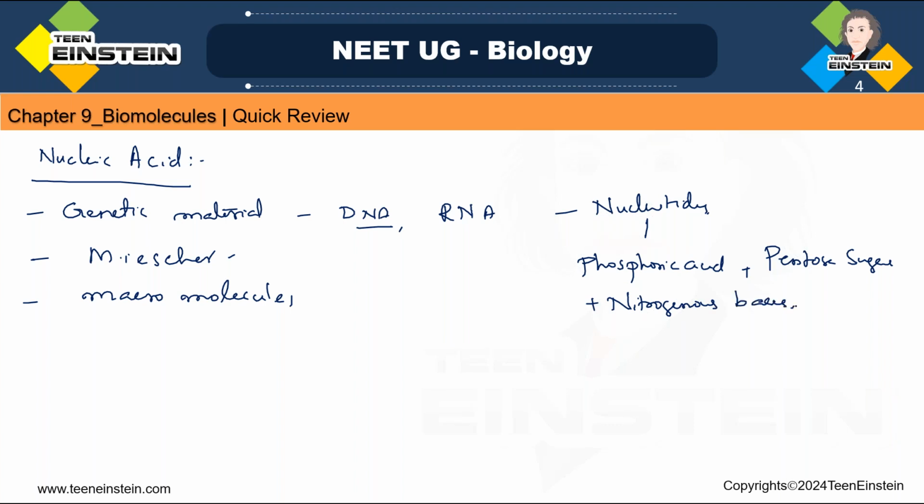Pentose sugar means the carbohydrate or monosaccharide unit having 5 carbon atoms. This may be deoxyribose in DNA or ribose in RNA. That means the pentose sugar present in DNA is deoxyribose, and in RNA it is ribose sugar, which is the 5 carbon compound.